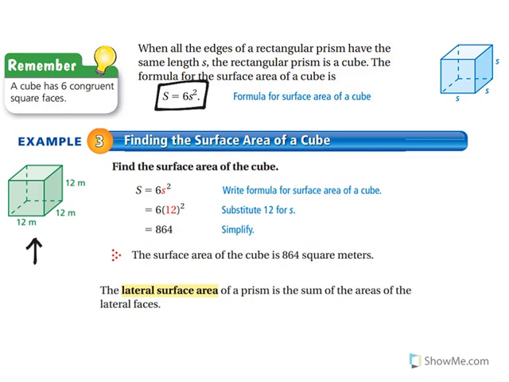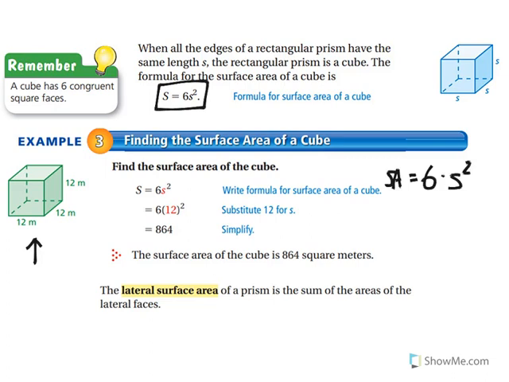And if it makes it easier for you to follow, just use the S side. All of them are the same. They're all 12 in this case. So we are going to use the formula, SA equals 6 times the side value squared.